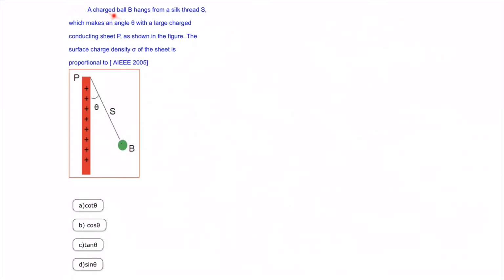A charged ball B hangs from a silk thread S, which makes an angle theta with a large charged conducting sheet P as shown in the figure. The surface charge density sigma of the sheet is proportional to, and these are the options. As the charged ball is stationary, you have to keep in mind that the opposite forces acting on the charged ball will be equal.